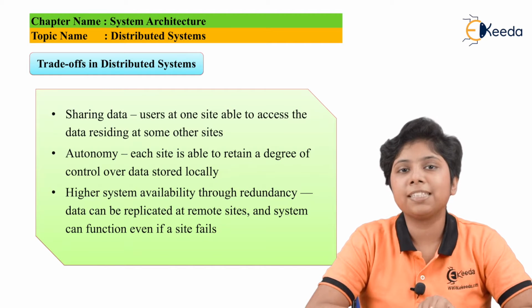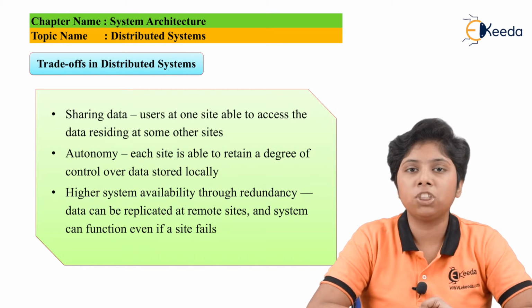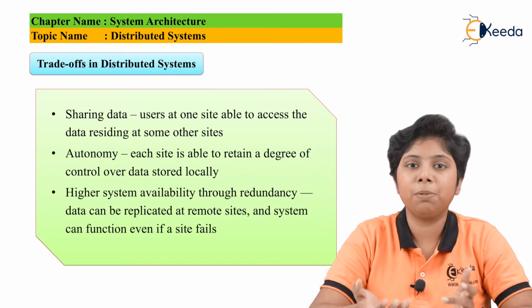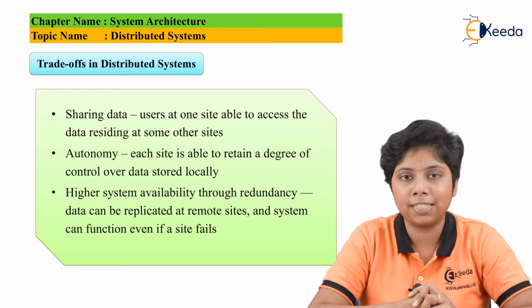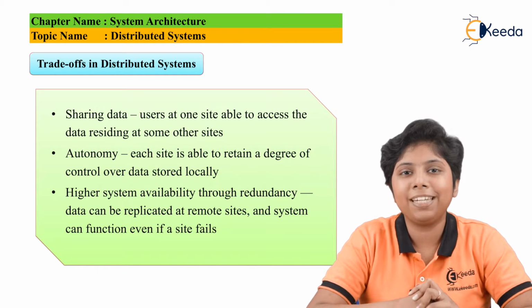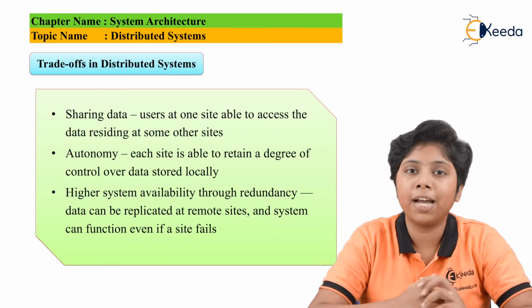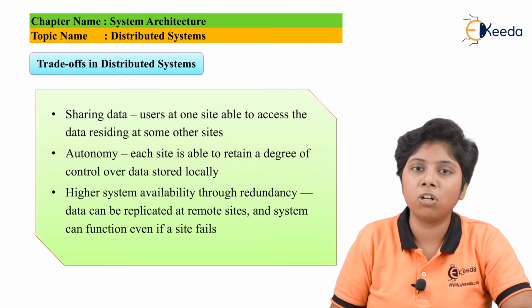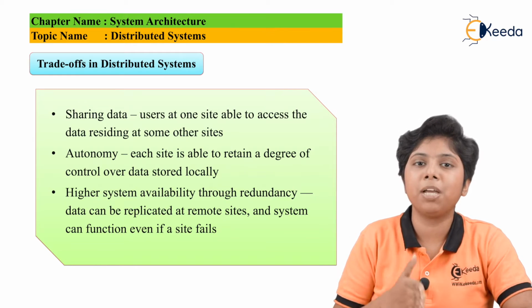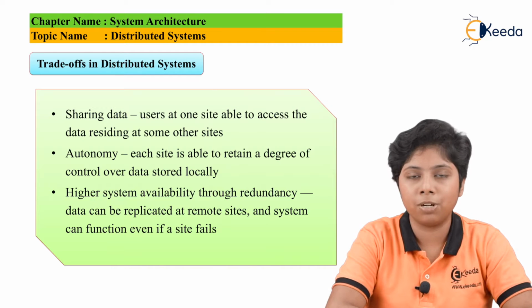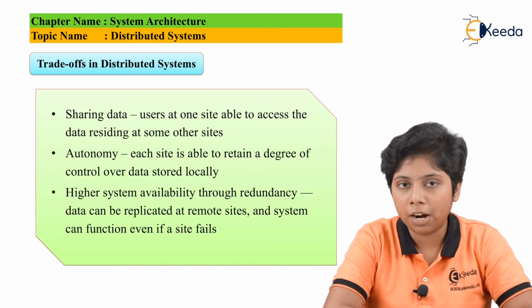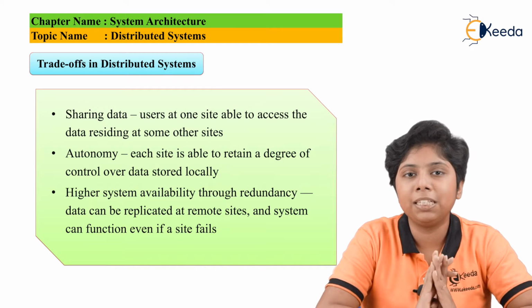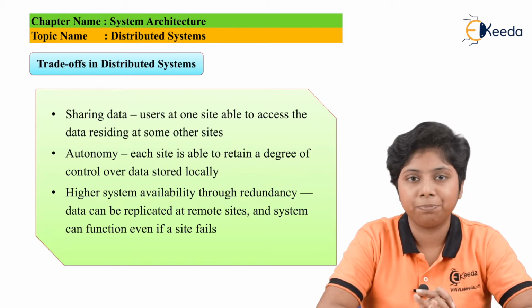Say for instance, if one university branch doesn't have the information of another university branch that is newly added to the university site, then if there is any update from that particular university, all other universities will not be aware of it, and that will result in inconsistent data. That is not desirable. So these three things we need to keep in mind while building a distributed system.